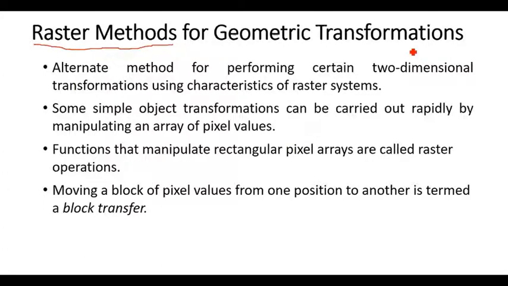So far what we have done is all the transformations that we have done, we have considered our object as a geometric entity, and we perform some kind of mathematical operation over that geometric entity, and we got the result. But what if we want to manipulate the pixels directly, the frame buffer values? If at the memory level, if we change the content, can we achieve geometric transformations?